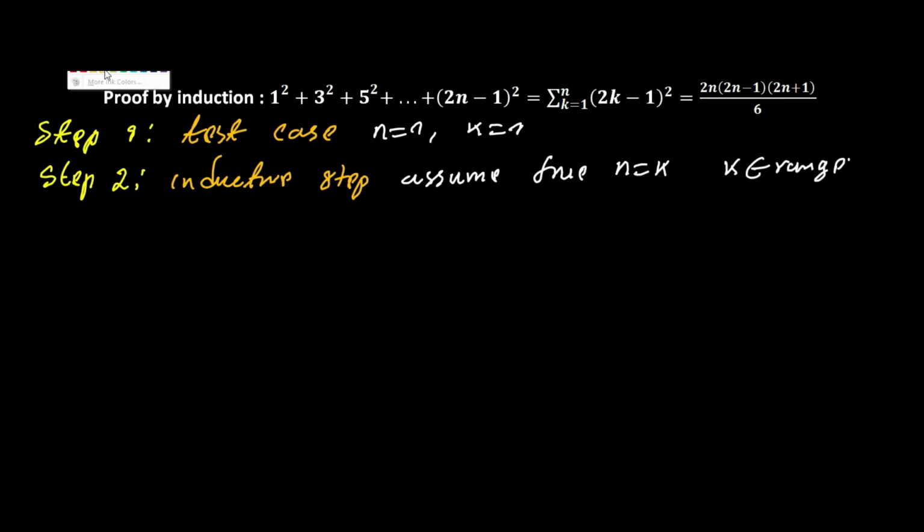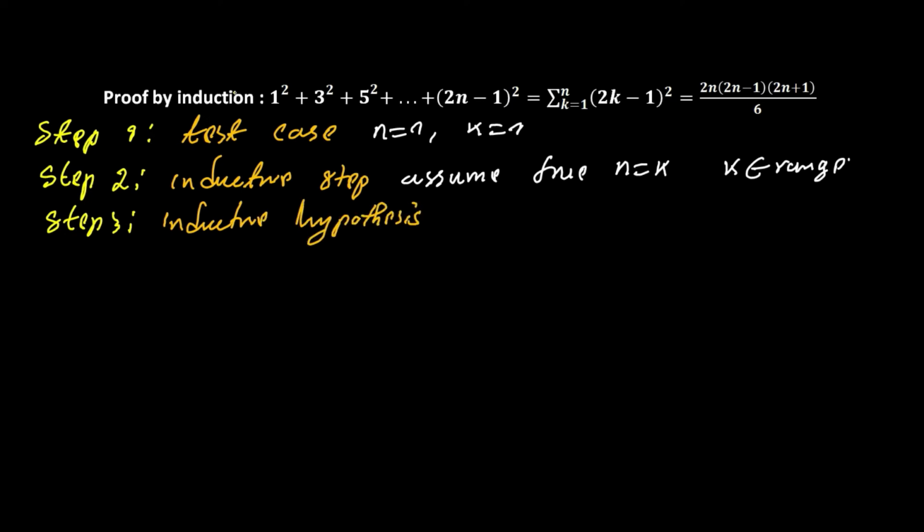And for the third and final step, step 3, which is called applying, here we are applying the inductive hypothesis. So in this step, we simply use the assumption in step 2 to prove it is true for n equal to k plus 1.